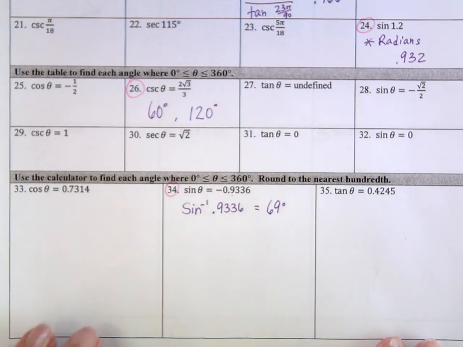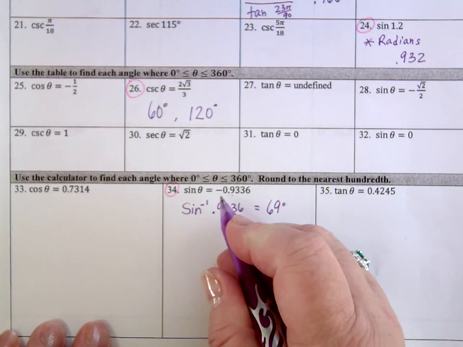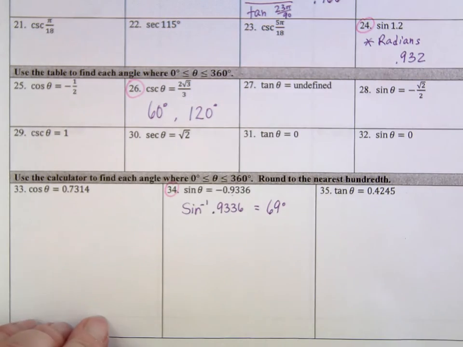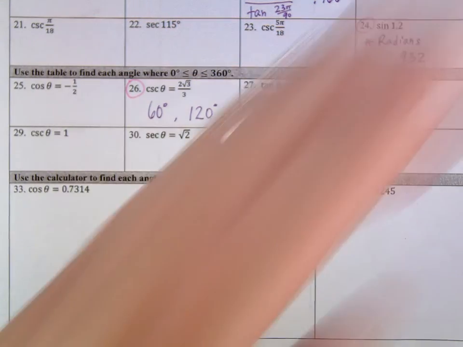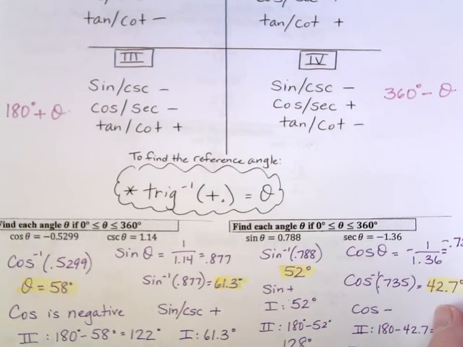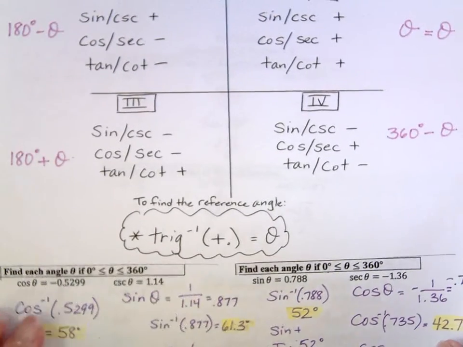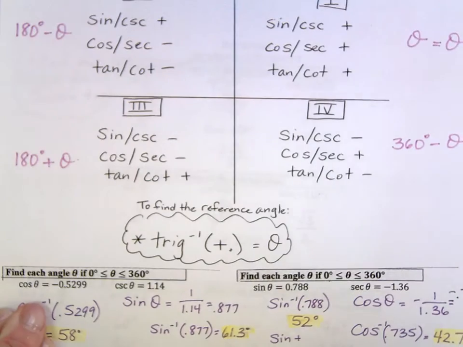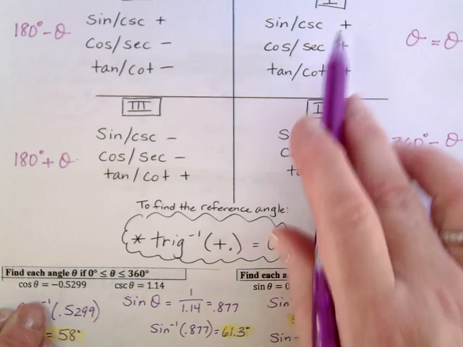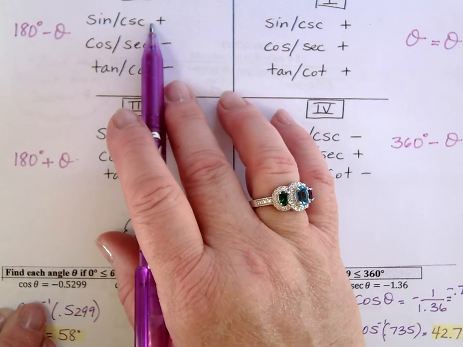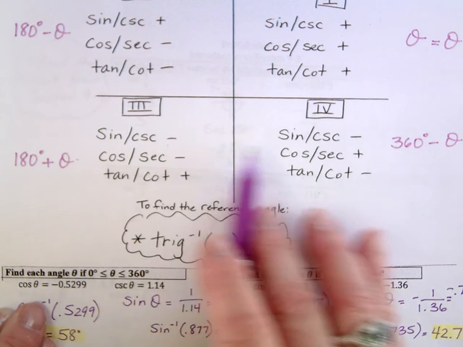Then I need to decide where the sine is negative. So I'm going to go to that chart that we used in the intro video, which is this. And I want to know, where is the sine negative? So, not in the first, not in the second, but it is in the third and it is in the fourth.